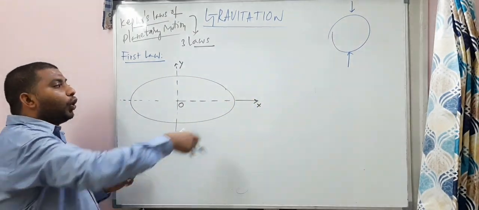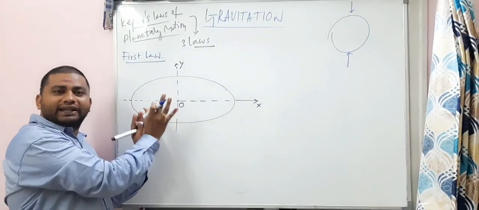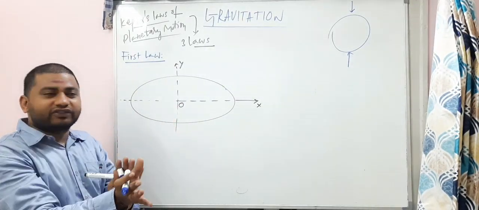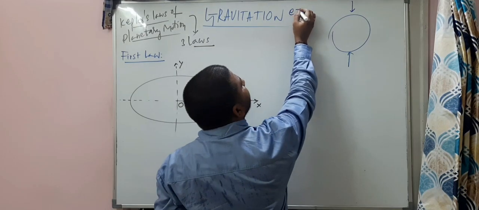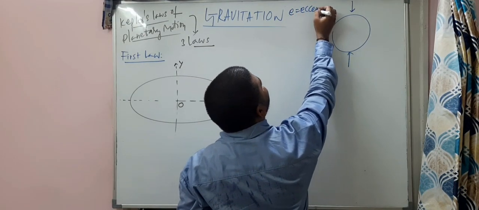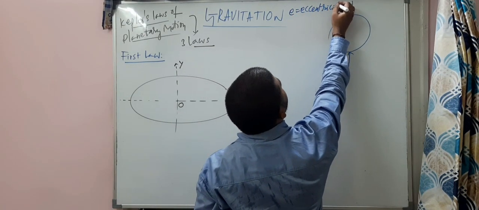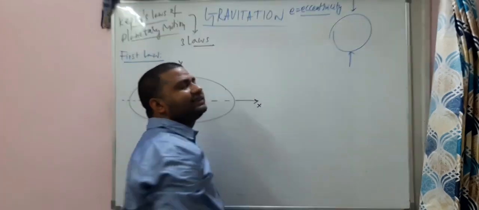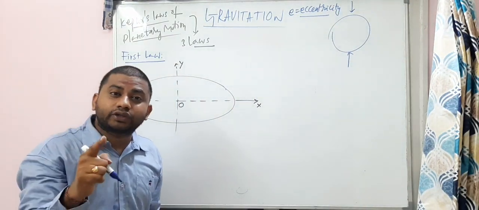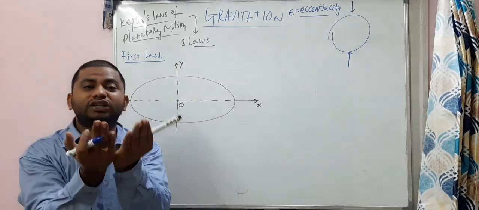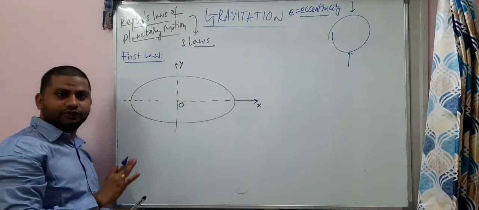How much of the oval shape is attained by an ellipse is given by a physical quantity called e, and that e is called eccentricity, my dear students. This value tells you how much oval shape the ellipse has.